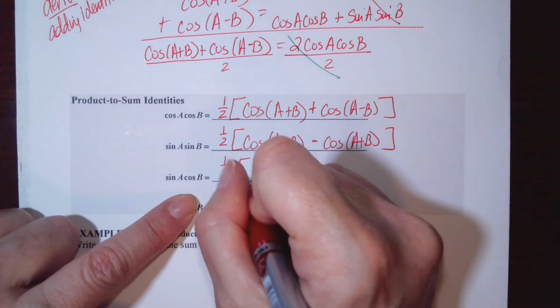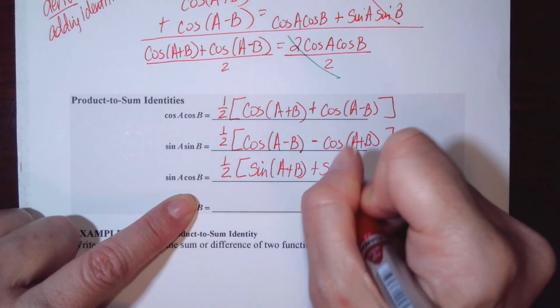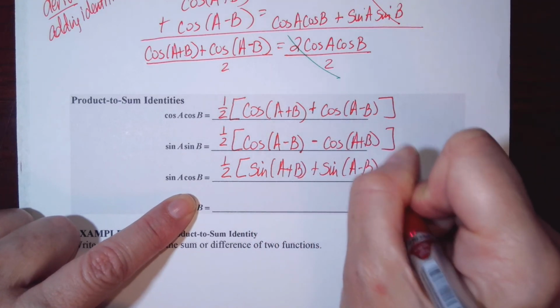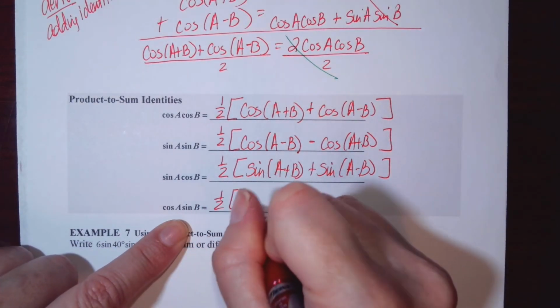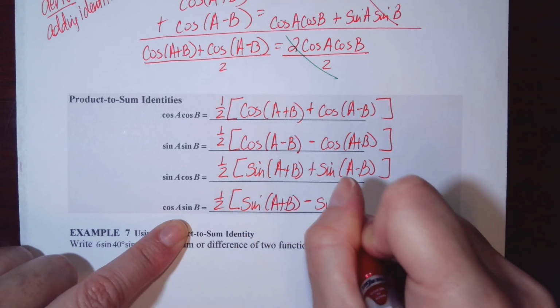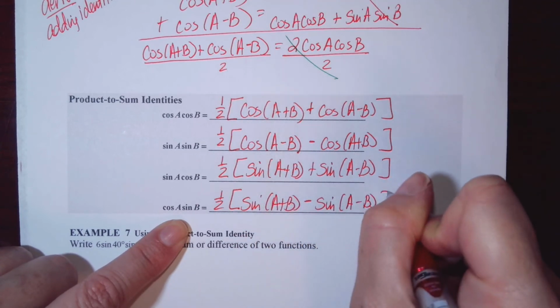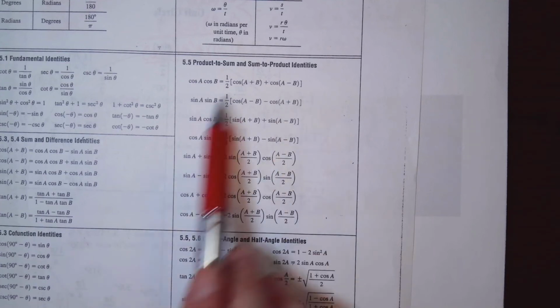And then here we have 1/2 of sine sum plus sine difference. And here we have 1/2 of sine sum minus sine difference. Those are all on your list, that big long list of product to sum, sum to product identities right here.